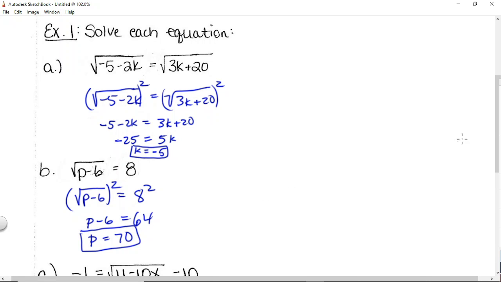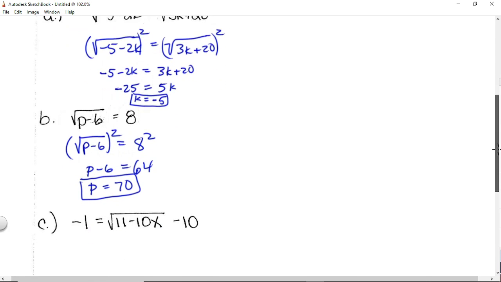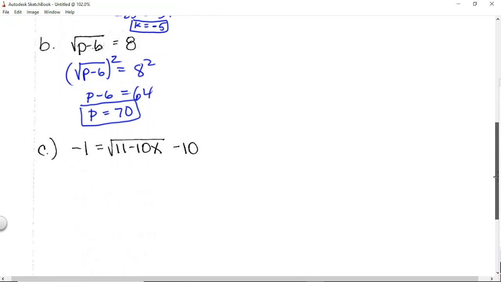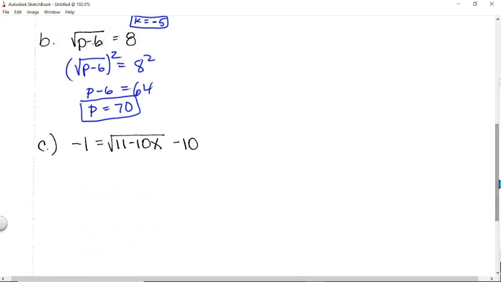Okay, now let's look at the next one. So this one's a little different. We do have a square root there, but we are not going to make any progress if we square both sides the way this is. Let's look at what would happen if we square this side.